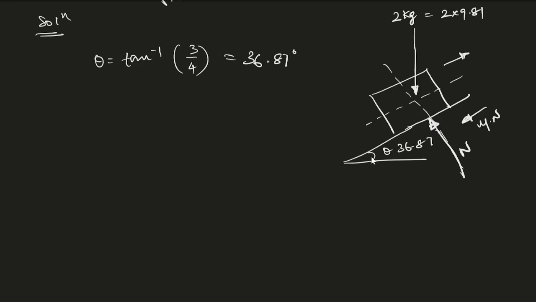The block is in an inclined position, so this angle will be the same, 36.87. I will take the inclined force with respect to the x-axis. So 90 minus 36.87, the remaining angle, I get as 53.13. So this angle is 53.13, and I am taking the angle with respect to the x-axis.